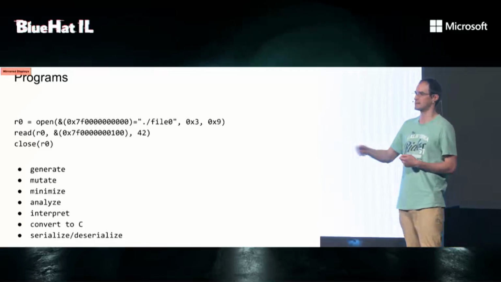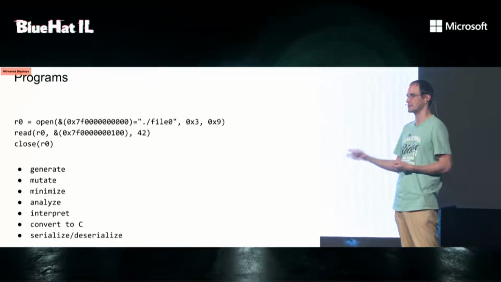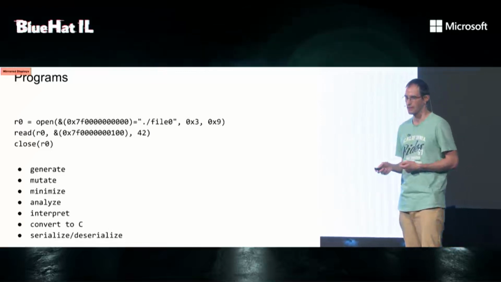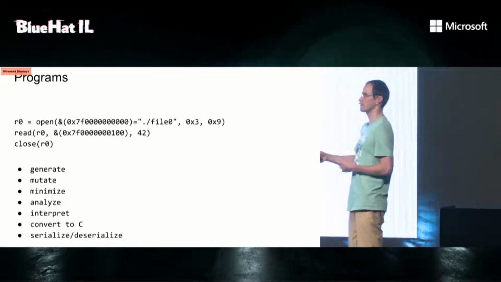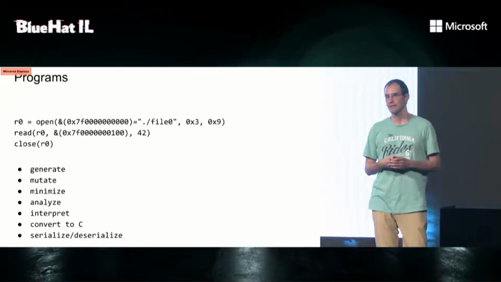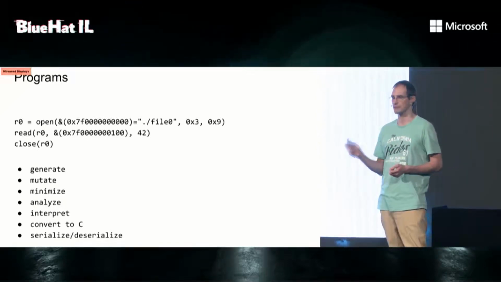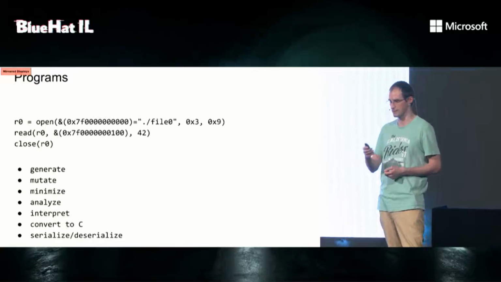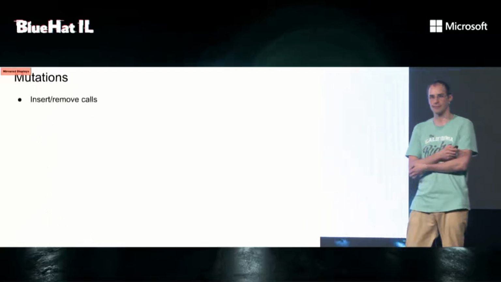For example, does this minimized program still give the same new coverage, or does it still crash the kernel? Or we can do some analysis on the program. We can also interpret the program or actually execute the system calls. And we can also convert them to more or less equivalent C programs, and we can serialize and deserialize them to such a text representation.